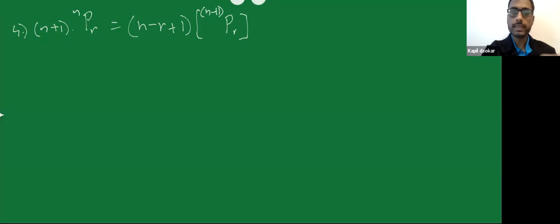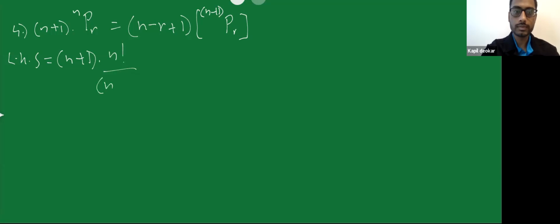So we have to show that left hand side is equal to right hand side. So we'll start with LHS. What is given to us? n plus 1 into nPr. What is nPr? n factorial upon n minus r factorial. Now what is this? n plus 1 into n factorial. So I can write this as n plus 1 factorial.